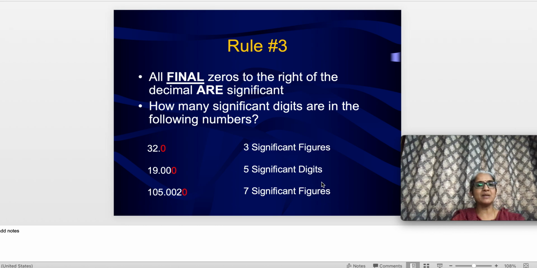If someone is reporting 19.000, that means there is a measuring instrument which was able to measure to that accuracy level, and the last digit of course is an estimate, and therefore it will have 5 significant digits. So it is not that the 0 is written and you may exclude it. If in a measurement it is written so, it tells you about the accuracy level of the instrument, therefore it becomes important to write it to that number of significant digits.